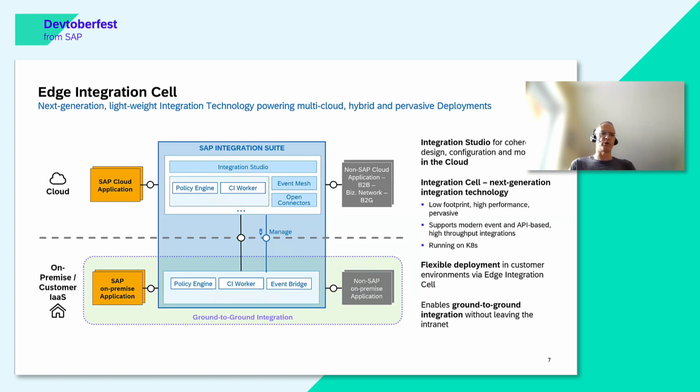And for the on-premise parts, so for the actual ground-to-ground integration, we want to offer runtime components, which can then be used on that side, deployable on Kubernetes clusters, also with certain flexibility for customers to choose, so that they can design integration flows and then flexibly decide, is this an integration flow I want to deploy in cloud?